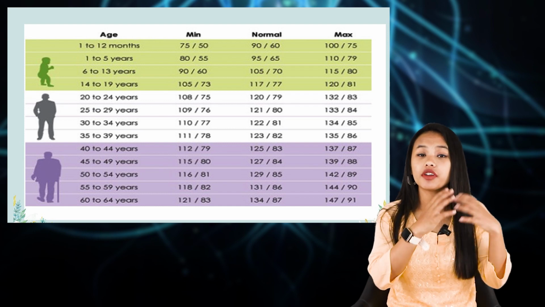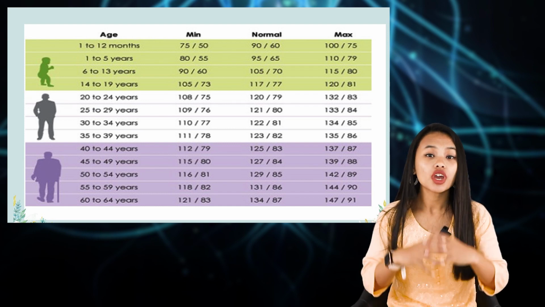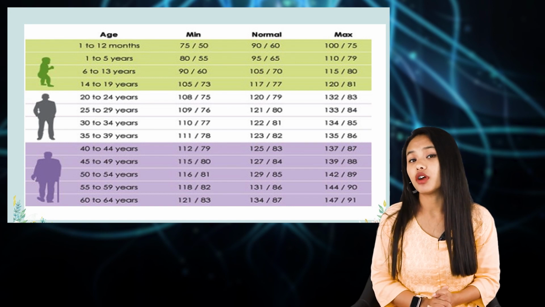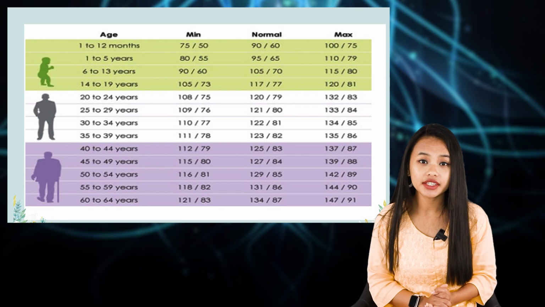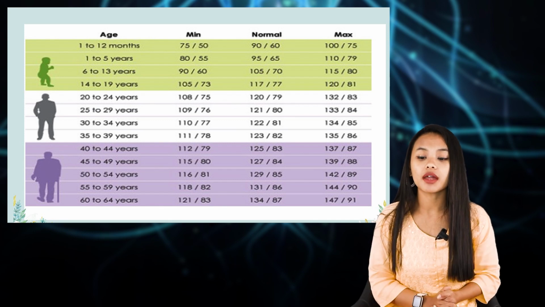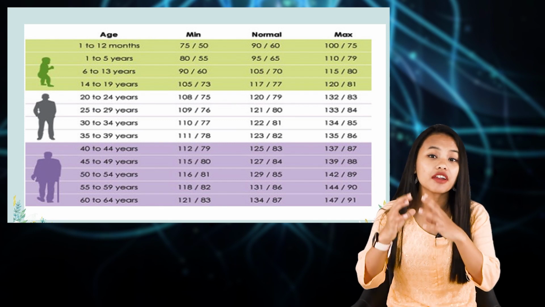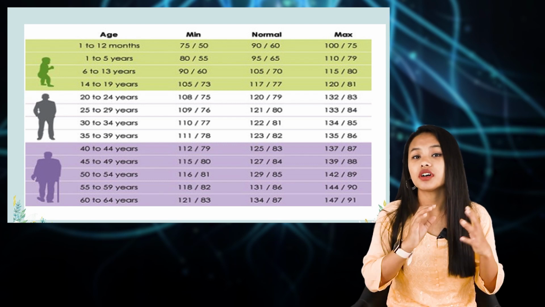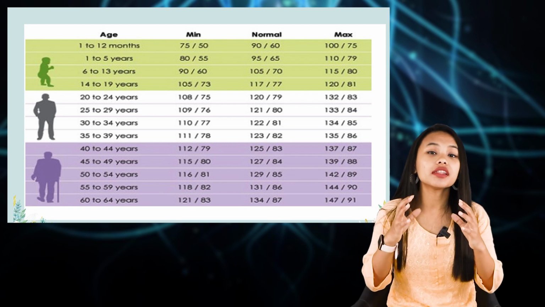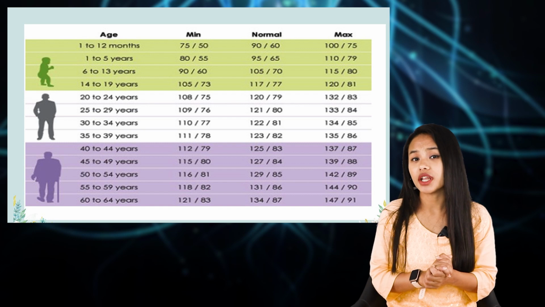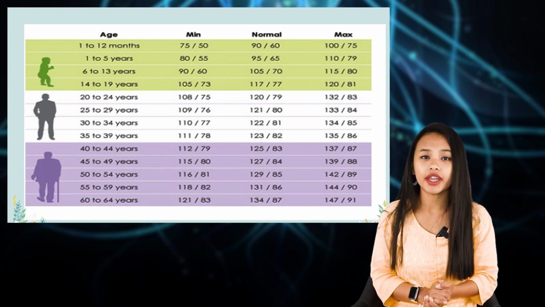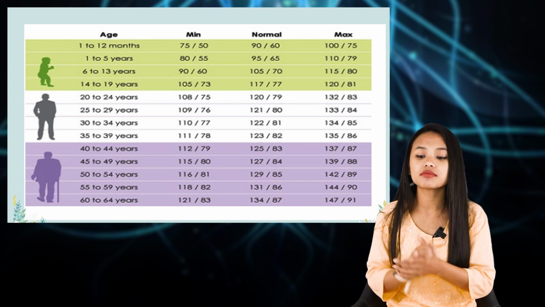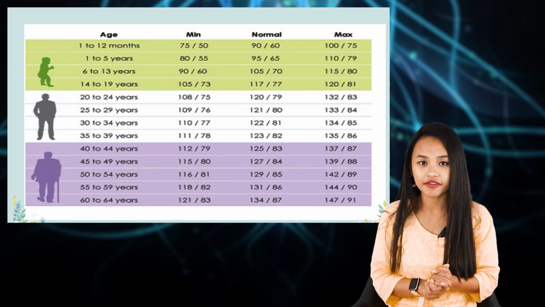For people between 25 to 29 years of age, their minimum can be 109 by 76, their normal is 121 by 80, whereas their maximum can be 133 by 84. And for those who are between 30 to 34 years of age, their minimum is 110 by 77, their normal is 122 by 81, and their maximum is 134 by 85.